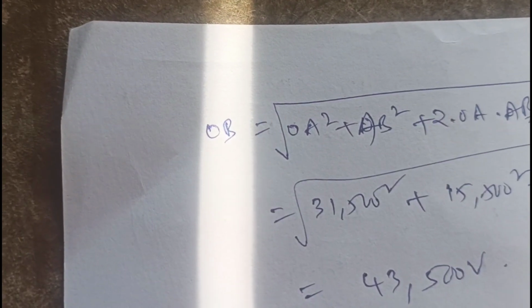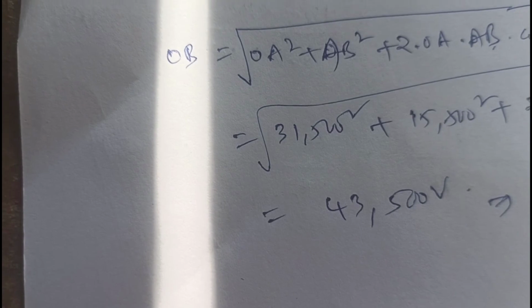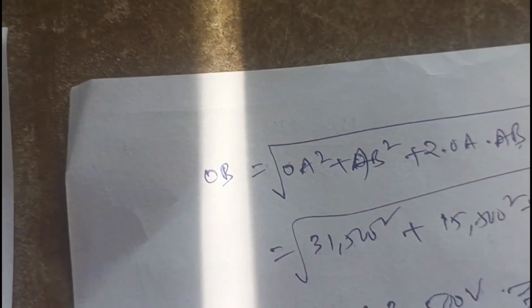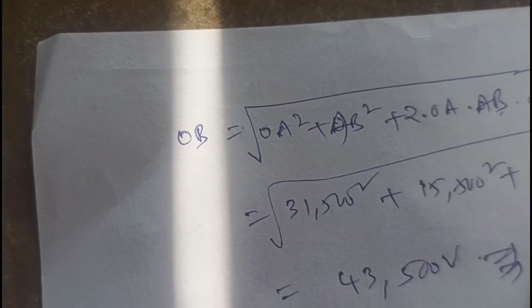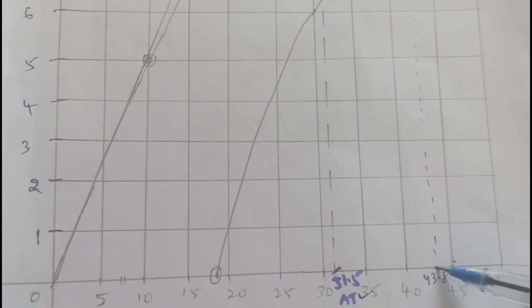From this value you get E naught. This 43,500 value is placed on the graph as ampere turns. See the graph, this is 43,500 on the x-axis.